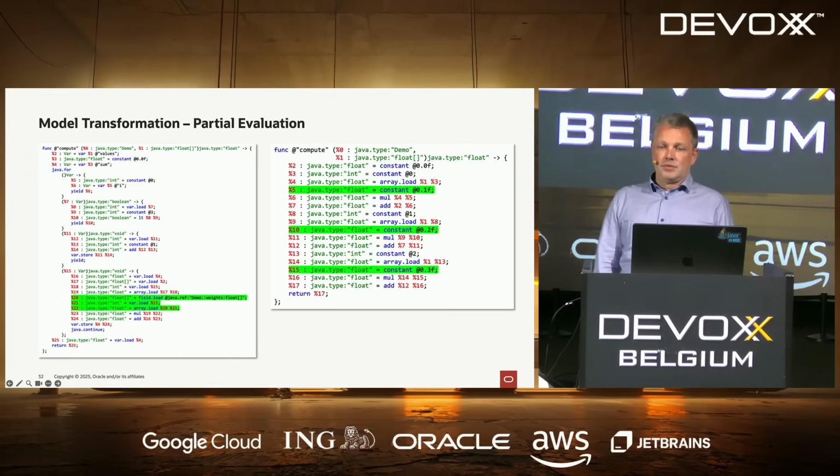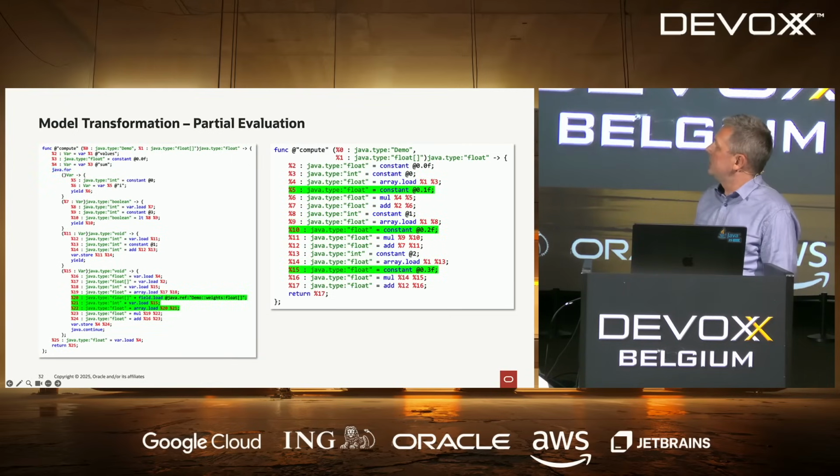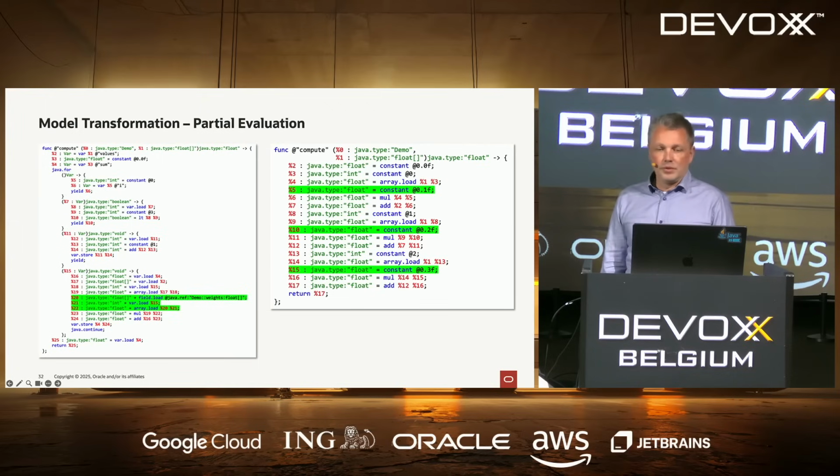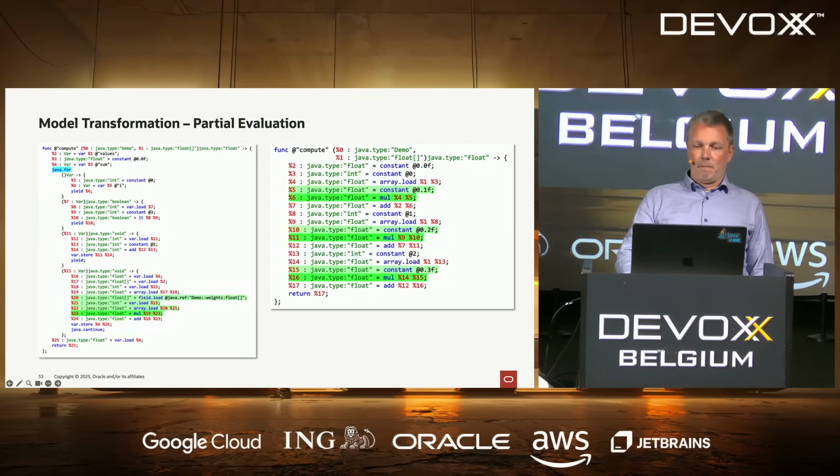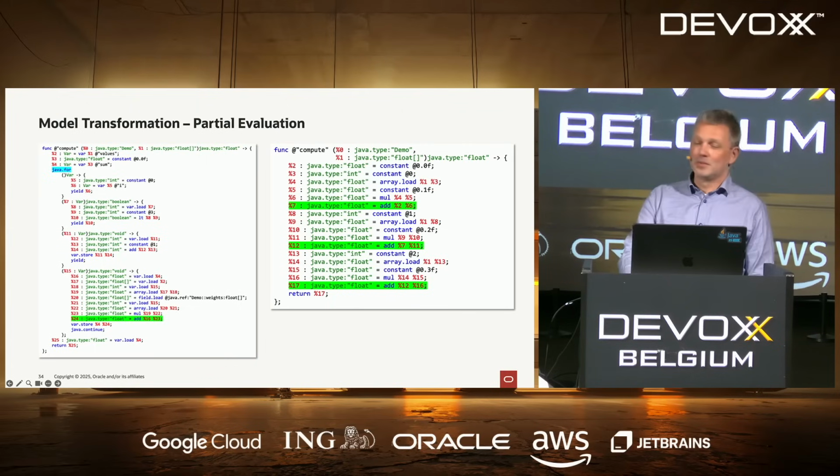Weight fields, as we decided to make them constant, are evaluated and embedded as a constant. So we save a lot of Java-specific operations here. The multiply operation is multiplied. The add operation is also multiplied. So as you can see, it's simple.